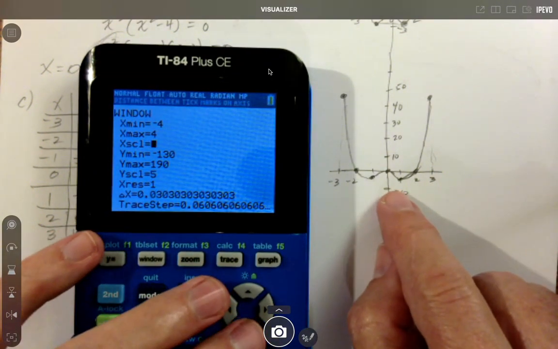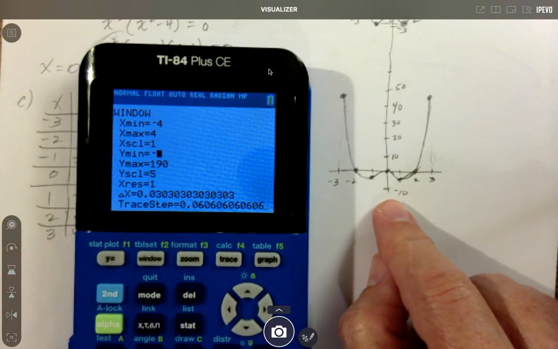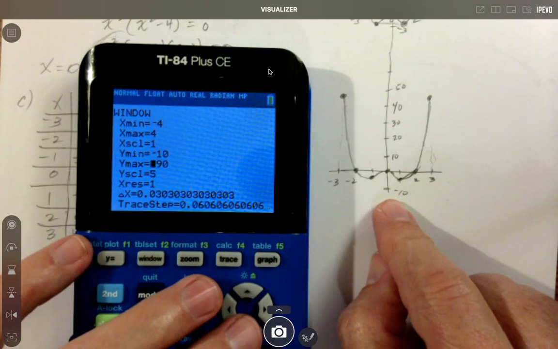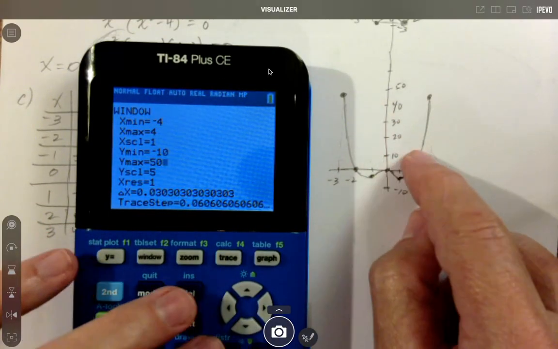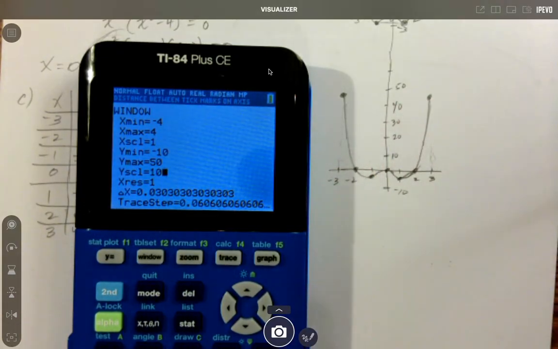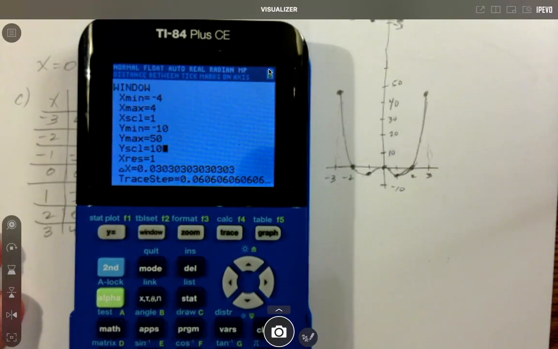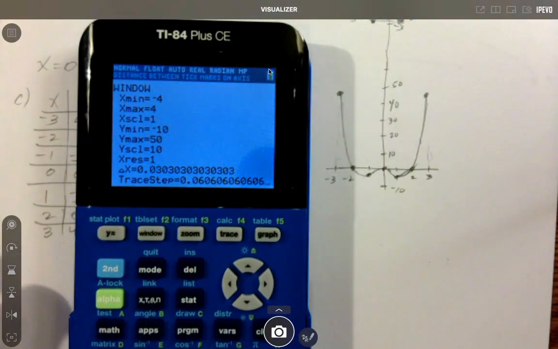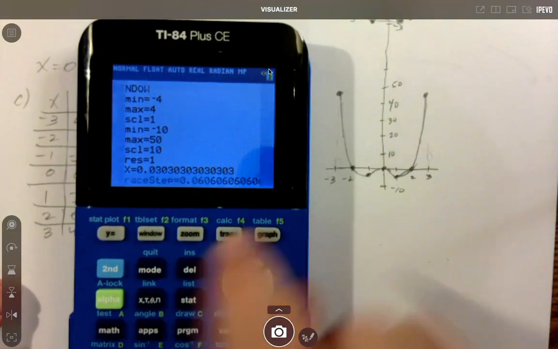Counting by ones are the tick marks. All right, Y minimum will just go down to -10. That should be fine. And Y max will go up to 50. And those are counting by tens, aren't they? Because I went 10, 20, 30. So if I want it to look the same way as I drew it, then I need to make my window like this. All right, so let's see what this looks like.